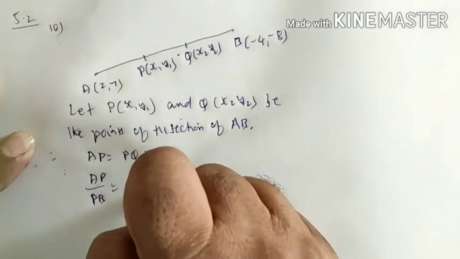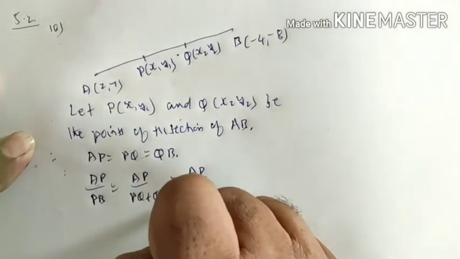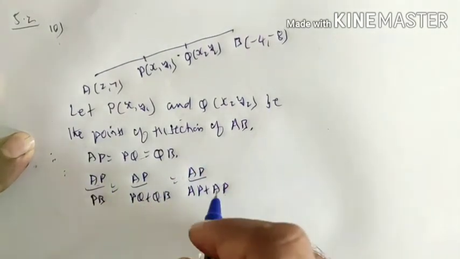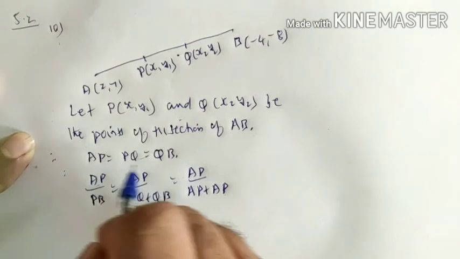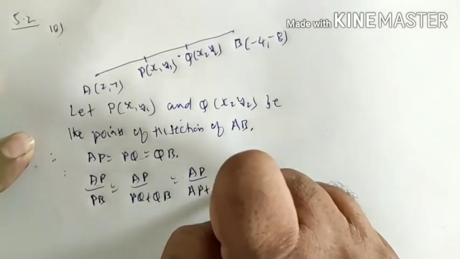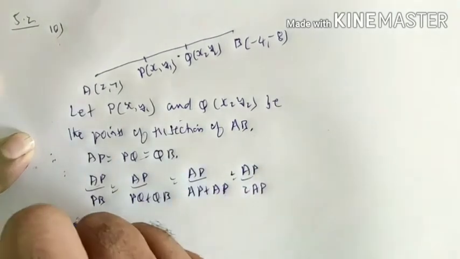It can be written as AP upon AP plus AP. Because see, PQ is also equal to AP and QB is also equal to AP. It is equal to AP upon 2AP. AP cancelled.